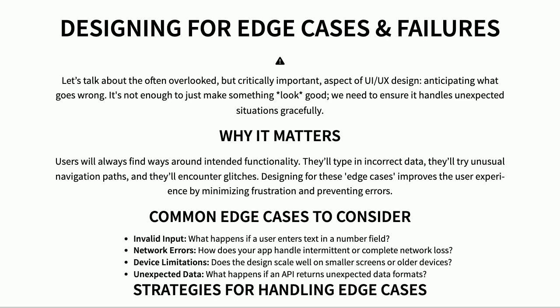Or network problems: how will the app behave if the internet goes out? And don't forget device limitations. Does it still look good on an old phone? The key is to validate user inputs, give clear error messages when something's wrong, and have fallback plans in case the primary feature fails. And most importantly, continuously test your designs with real users to find those hidden surprises.